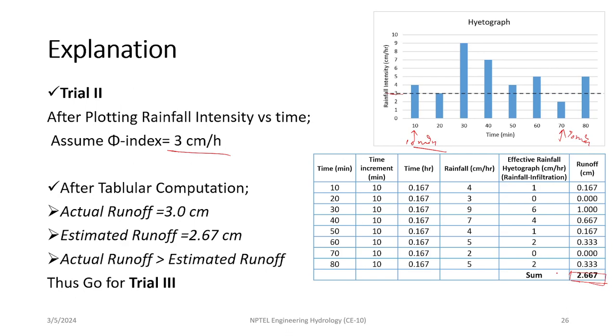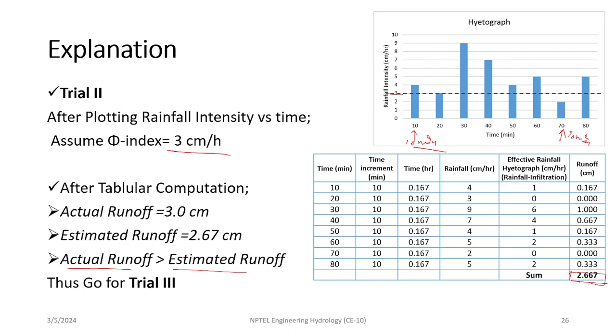Is it less or is it more? Less. So now we have the estimated runoff less than the actual runoff. Any confusion till now? I just mentioned that the logic should be clear.